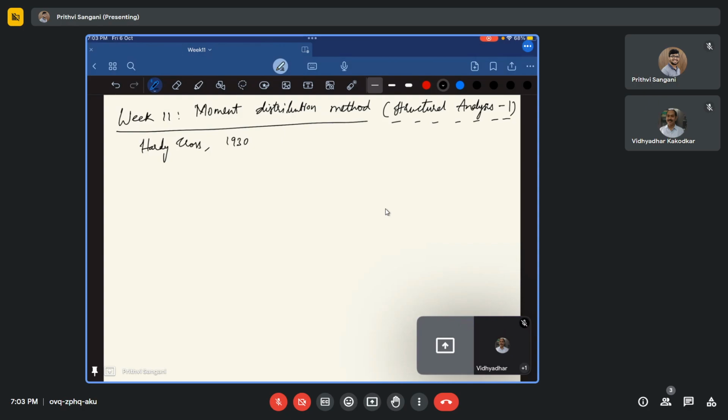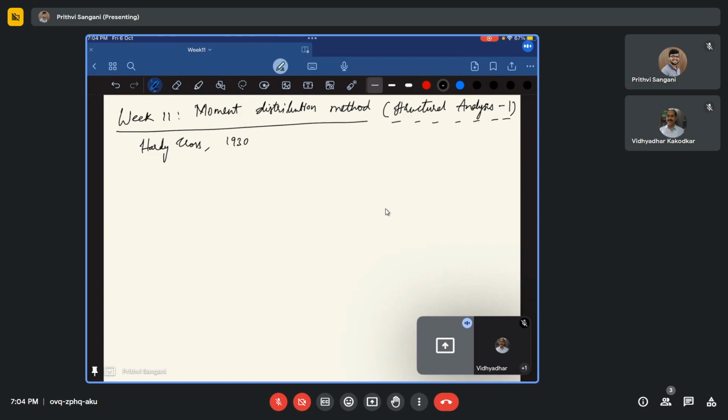Before we start solving problems using the moment distribution method, we'll touch upon some of the concepts involved, so that it will be easy, and also there will be some continuity in our problem solving sessions. If you remember, last time we were discussing the movements.